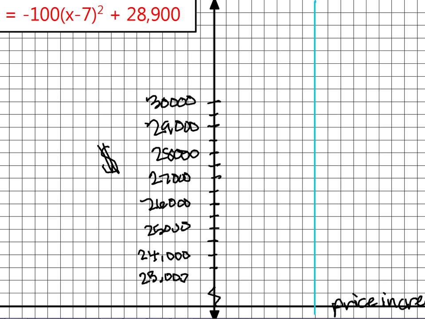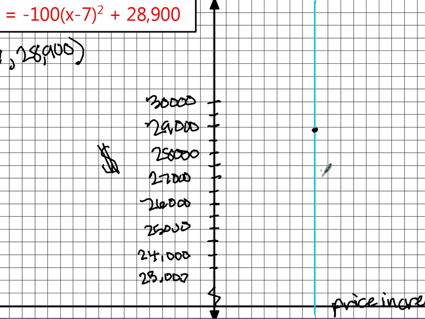My vertex was at 7, 28,900. Remember, that was at H, K. So 7 and about 28,900 would put me about there. That's really all the information I have so far, so we have to use some of the other things we know to help us get some more points.